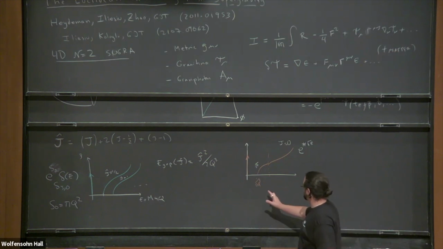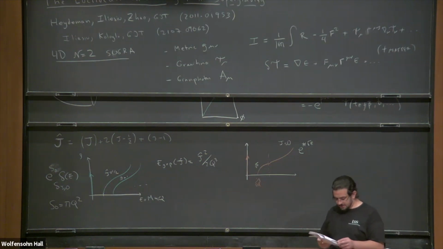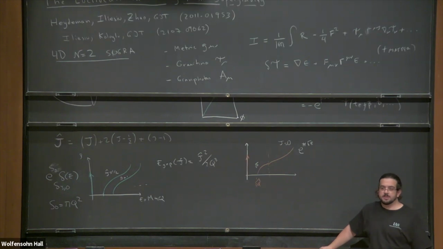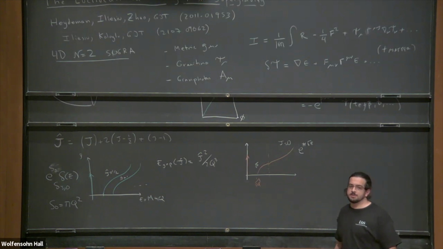Last comment: this gap scale, 1 over q cubed, was identified in a paper by Preskill et al. in '91, I think, as a scale at which the statistical mechanical description of the black hole has to break down, and the argument comes from thermodynamic reasons.